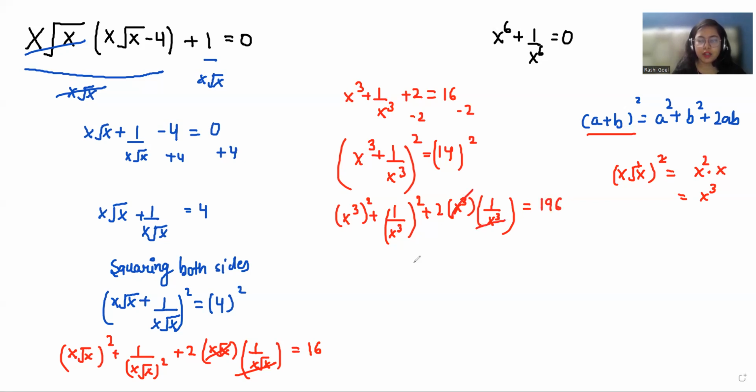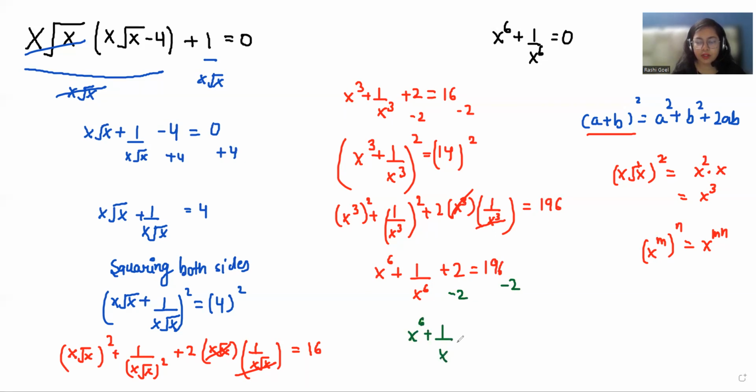So we can eliminate this, and here we can use the exponent rule, that is x power m, power n, is equal to x power mn. So x power 6 plus 1 over x power 6 plus 2 is equal to 196. So if I subtract 2 from both sides, x power 6 plus 1 over x power 6 is equal to 194.